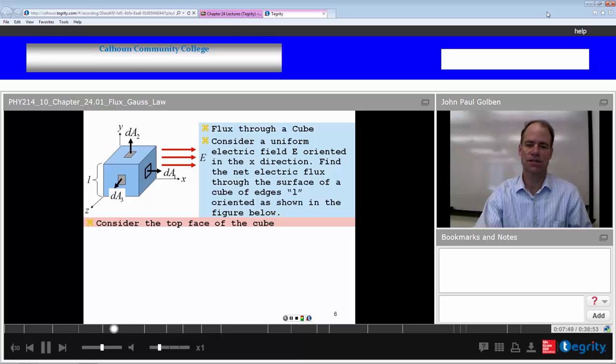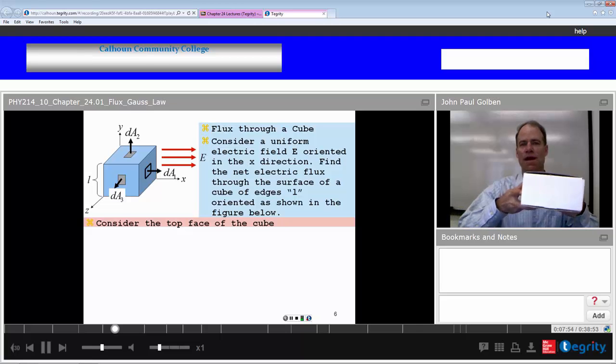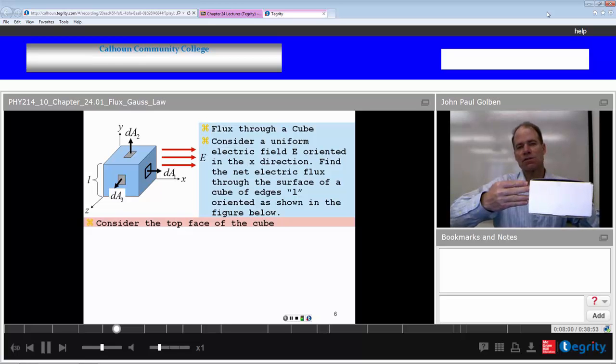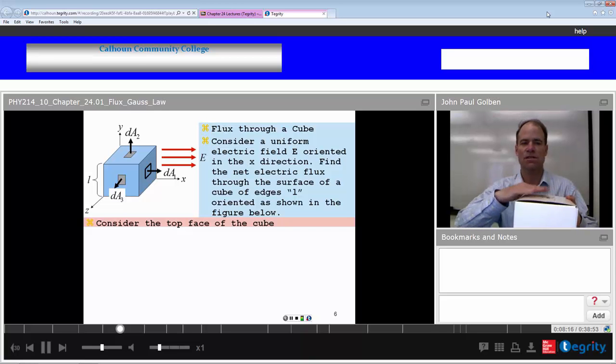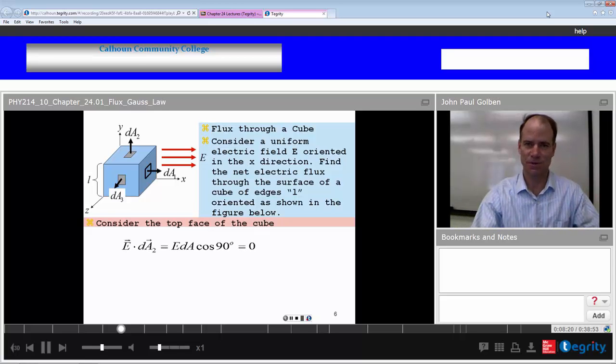So let's consider the top face of this cube first. How much flux is going through the top face of this cube? I've got this flux coming in like this, and I'm wondering how much flux is actually going through this top face. Well, if these are parallel lines going in like this, they're going to continue to be parallel lines. They're not going to bend and go through this top face. So my intuition tells me there should be no flux through the top face of this cube, and I should be right.